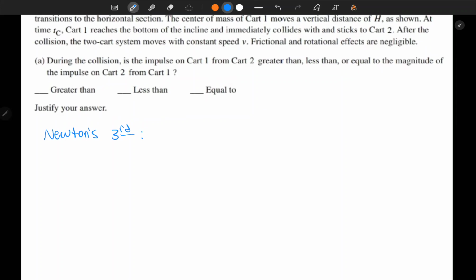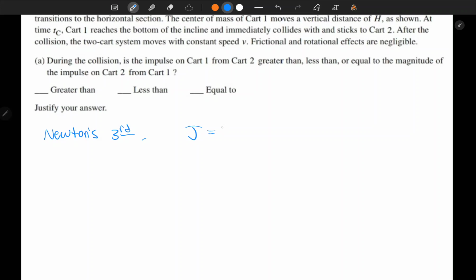It says for every action there is an equal and opposite reaction. Or for every force felt by an object, the object acting with that force on the other feels the same but opposite force.